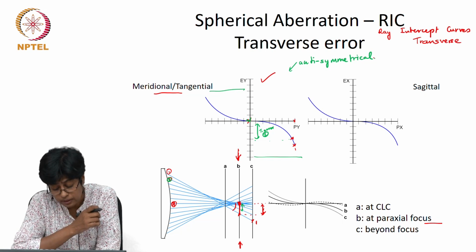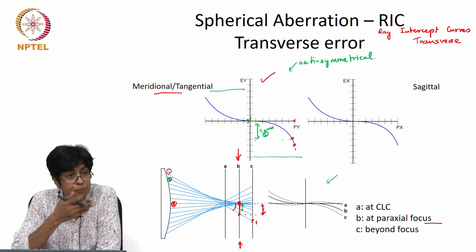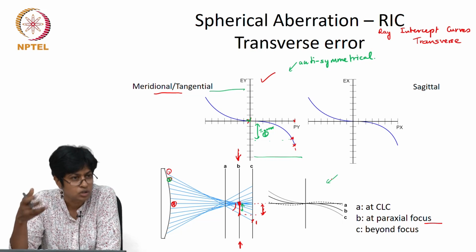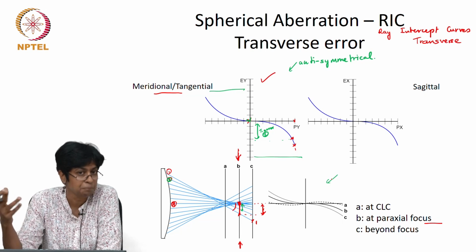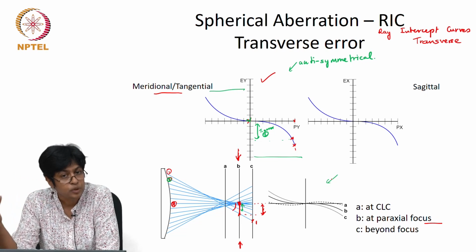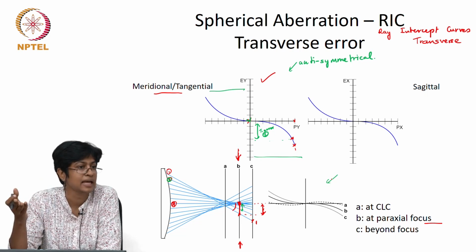Now, what this set of curves is showing you is that I can plot the RIC curves at any plane. Even in Oslo, you tell Oslo which is the image plane. Oslo doesn't automatically decide some plane is the image plane. You tell Oslo, put the image plane at this distance from my surface and look at the aberrations there.